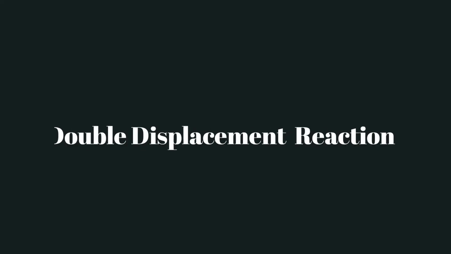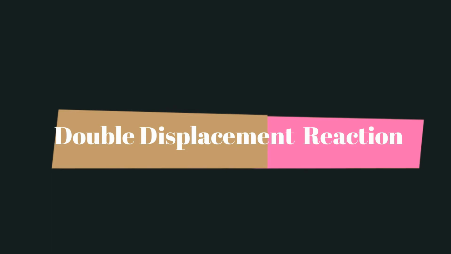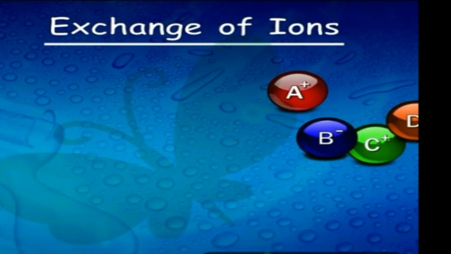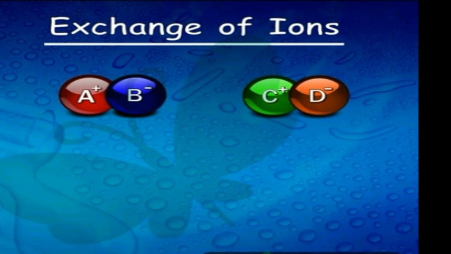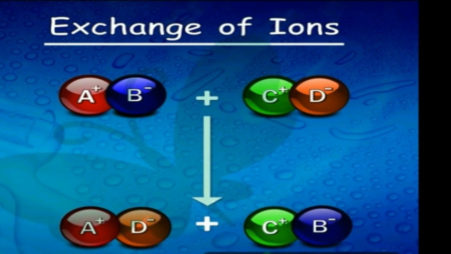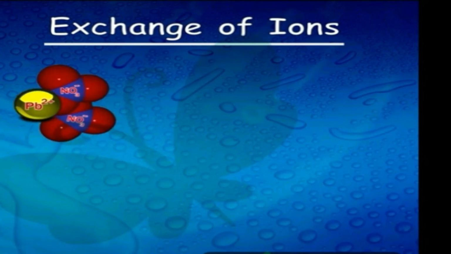Now, double displacement reaction. We love our parents and they love us back. A similar exchange occurs in chemistry, not of feelings but of ions, between ionic compounds. Confused? Let me tell you how. For that, let us take two friends, lead nitrate and potassium iodide.